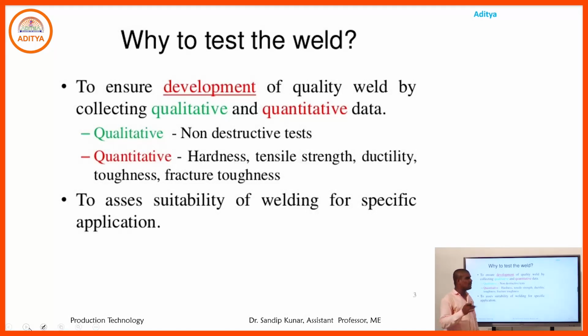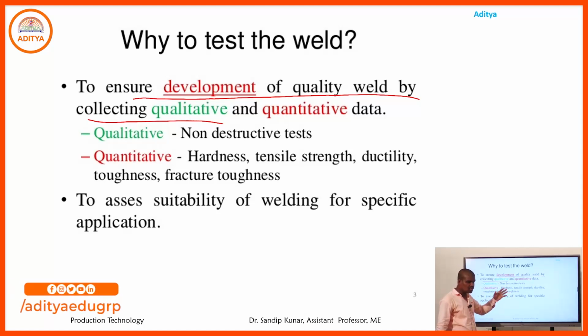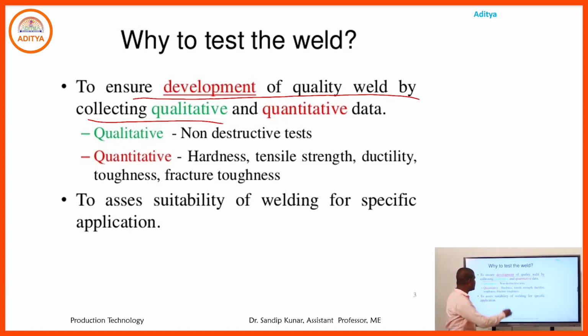So why test the weld? To ensure the development of the weld by collecting qualitative data and quantitative data. Using that data we have decided whether the weld quality is good or bad, and also whether the strength of the weld is good or bad. To get assurance of weld strength and good quality weld, we collect qualitative data and quantitative data. Qualitative means that comes under non-destructive test.